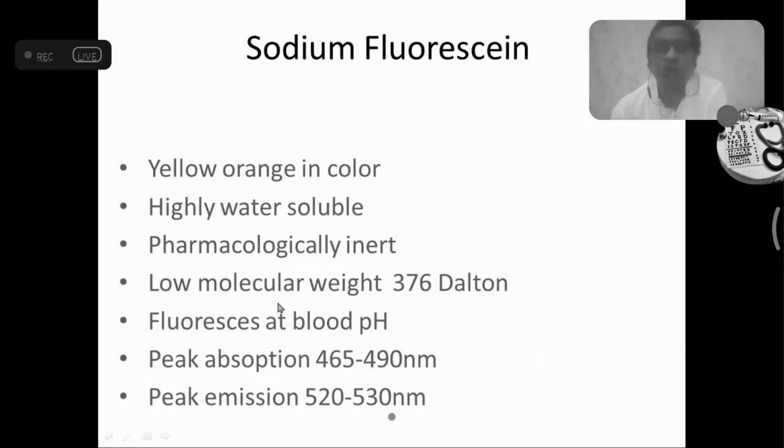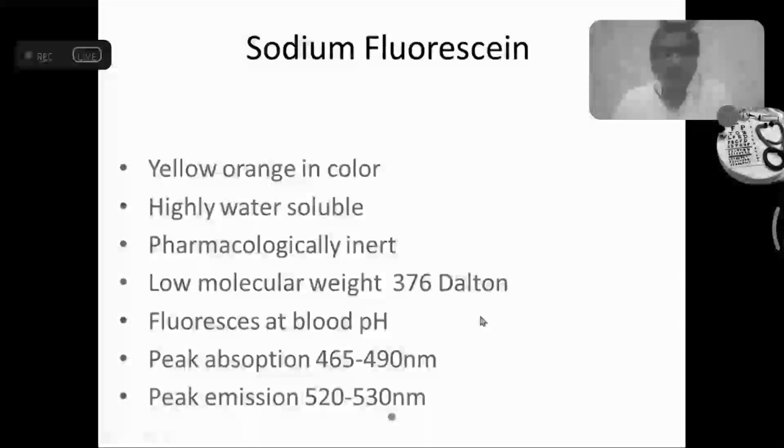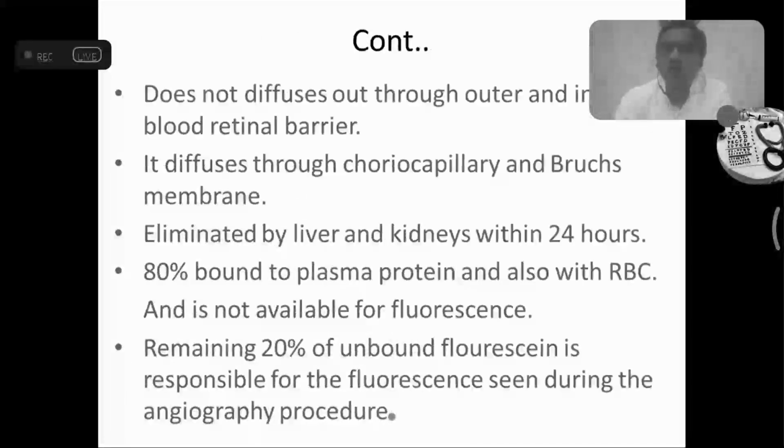Sodium fluorescein is yellow in color, highly water soluble, inert, with a molecular weight of 376 Dalton. Peak excitation is 465 to 495 nanometers, emission 520 to 530. The dye diffuses across the outer and inner blood-retinal barrier.